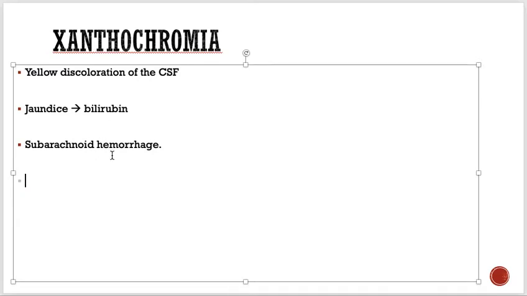So in subarachnoid hemorrhage, xanthochromia is a very useful finding because it shows that the patient has subarachnoid hemorrhage. When the blood leaks into the subarachnoid space, xanthochromia will appear in the CSF.